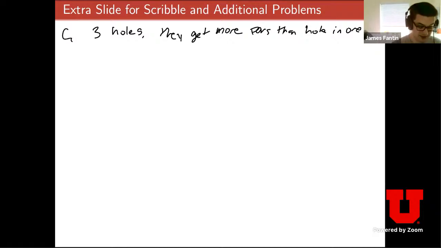Yeah, somebody says they could get 3 pars. So maybe case 1 is they get 3 pars. They certainly have more pars than hole-in-ones. So what's the probability that this happens? The probability we get 3 pars.